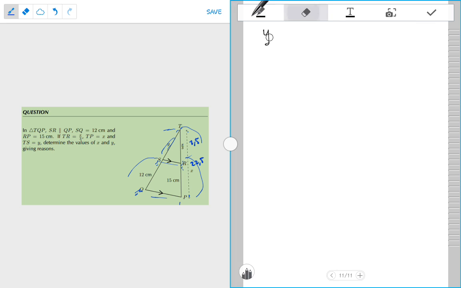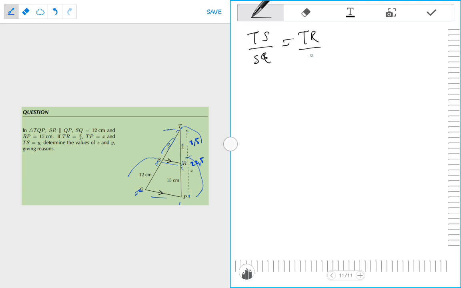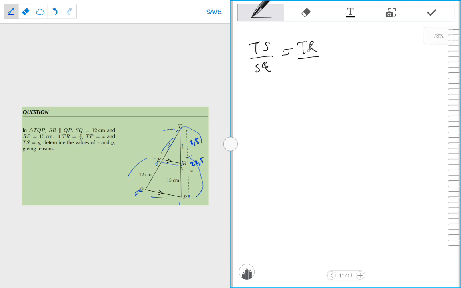Let me rewrite the formula and write it with the reason. TS over SQ is equal to TR over RP.